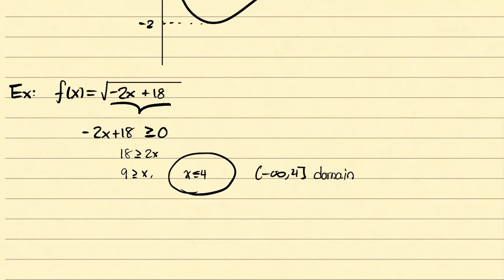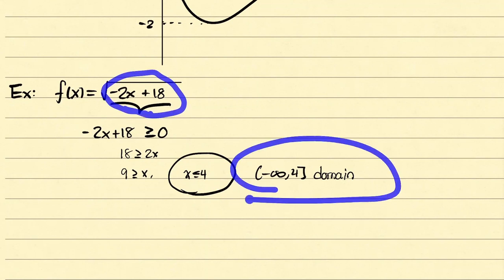So this is the domain. This describes all possible inputs that I'm allowed to put into the function. What did I have to restrict myself to? I knew that whatever was inside my square root had to be greater than or equal to 0. So we set that inequality up. And now I've given you a group of all possible numbers that I could plug in here and not get some ugly contradiction.